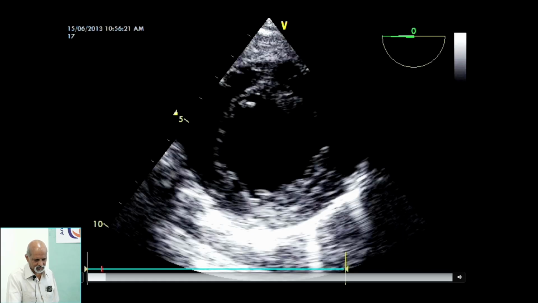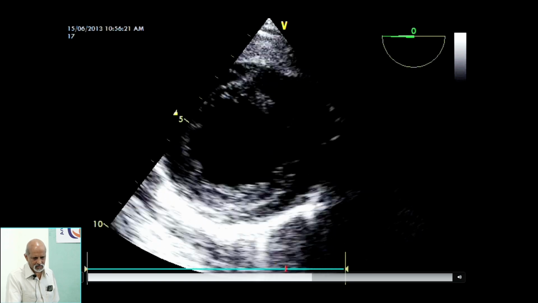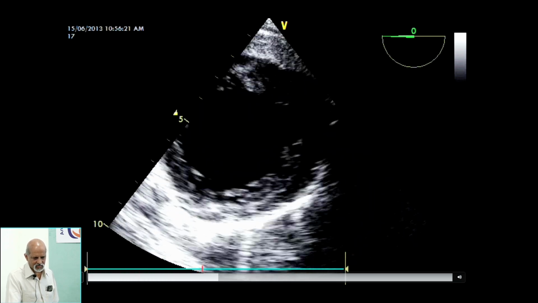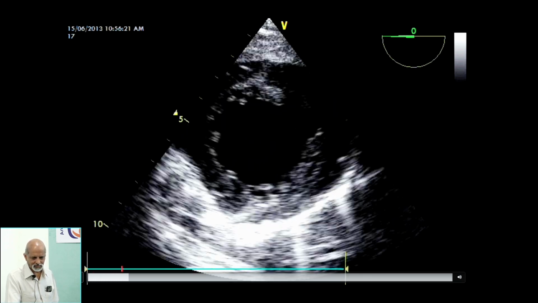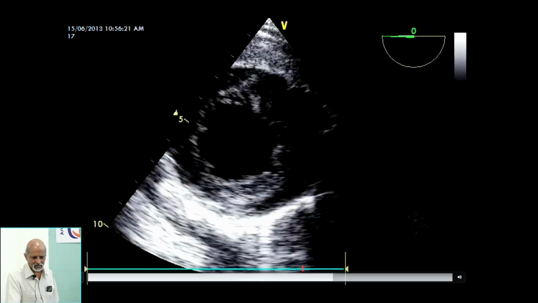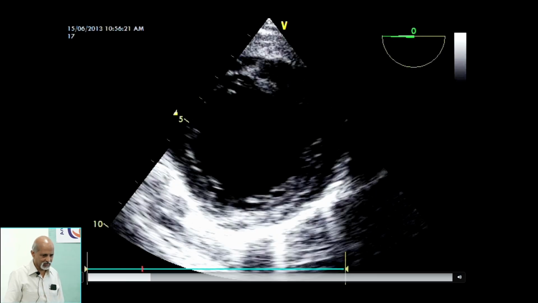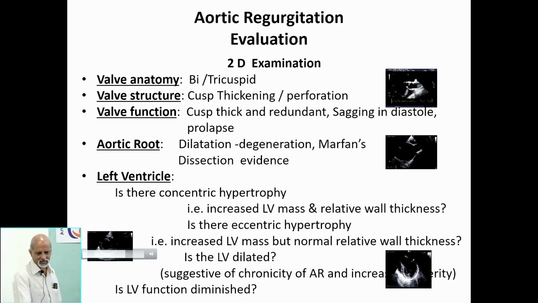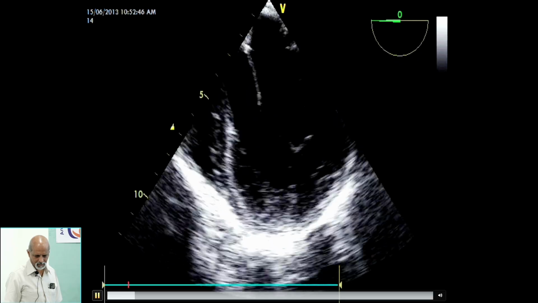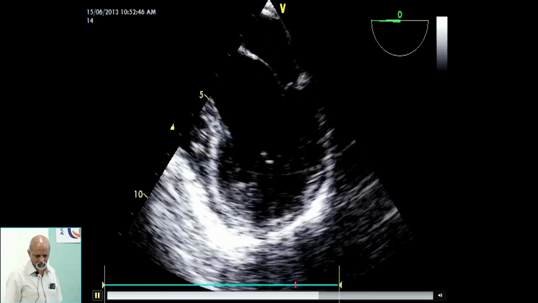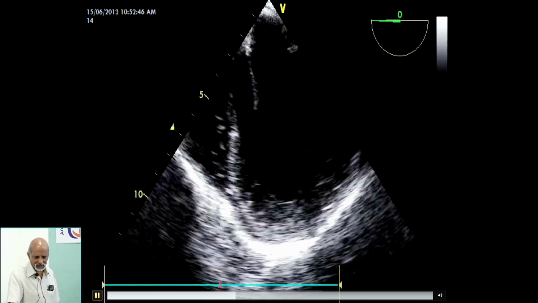Let's see. So what do you think here? There is eccentric hypertrophy, but the LV looks good. So definitely there should not be any problem if you want to replace it. And that is another LV.